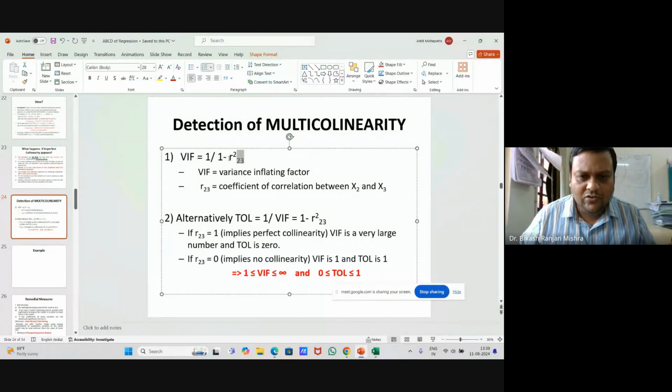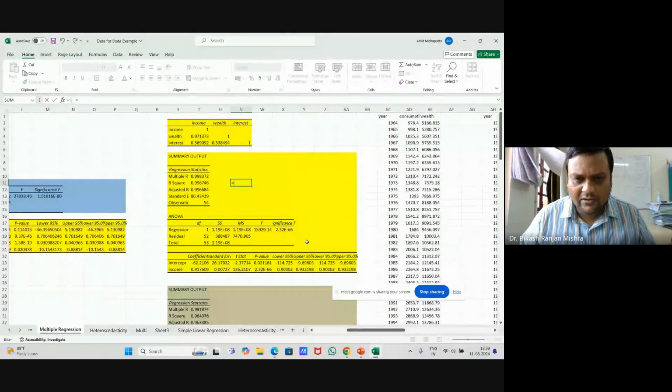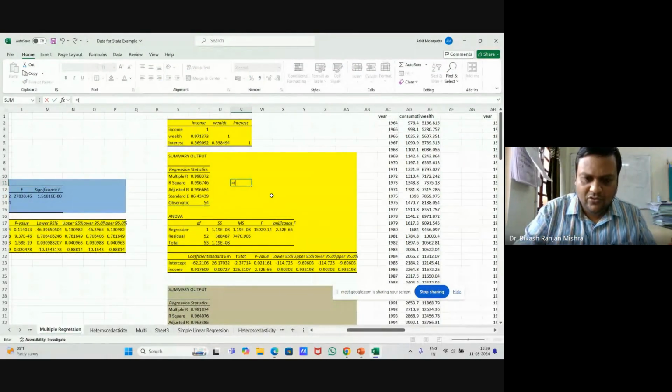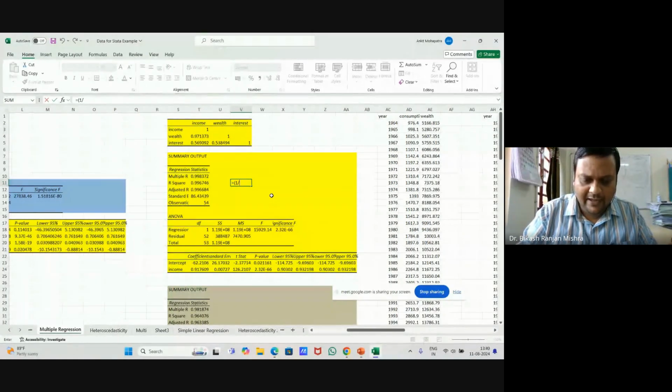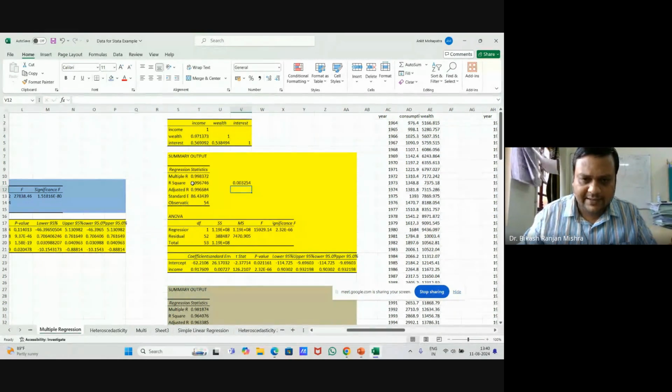So we have to do 1 divided by 1 minus R square. We already know the R square value. So we have to find out 1 divided by 1 minus, within bracket, this R square value, bracket close, second bracket close, and click it.